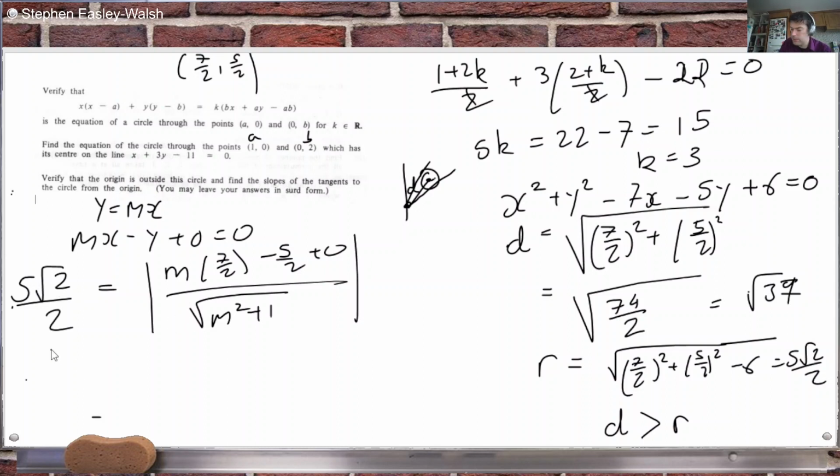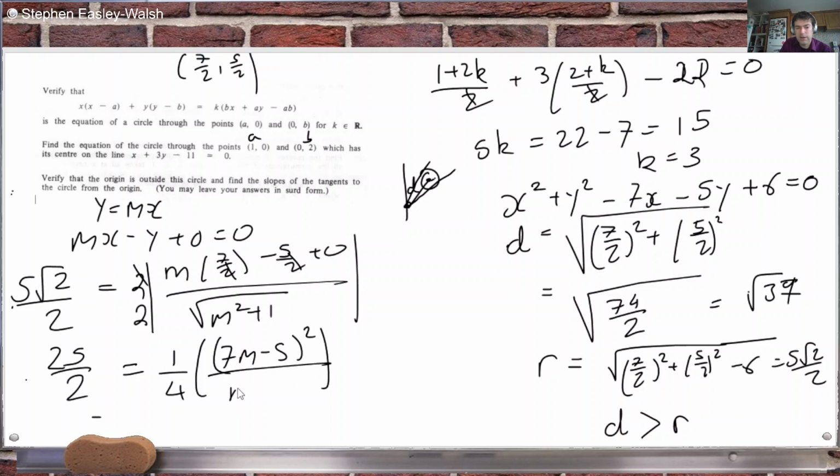And this becomes 25 over 2 equals, and just before I square, actually, I'll multiply above and below by 2. So the 2's here cancel. And then at the bottom here, I'm going to get a quarter. And that's going to be 7m minus 5 squared over m squared plus 1.